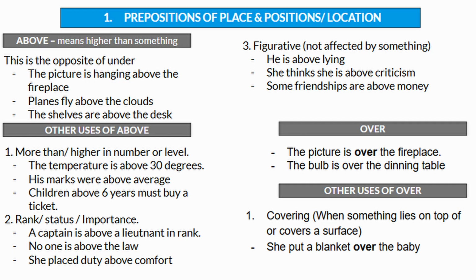We also use above figuratively, to mean not affected by something. For example, he is above lying. When we say that someone is above lying, it means this person cannot lie.